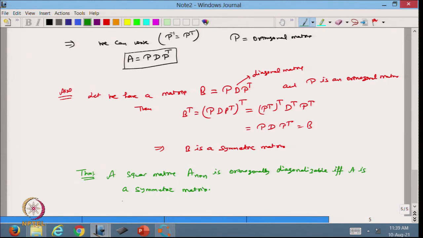It means if A is a symmetric matrix, then we already know that it is orthogonally diagonalizable, and here we have seen that if a matrix B is orthogonally diagonalizable, then it is symmetric. And whatever we have done here, it is called that the matrix A is orthogonally diagonalized.